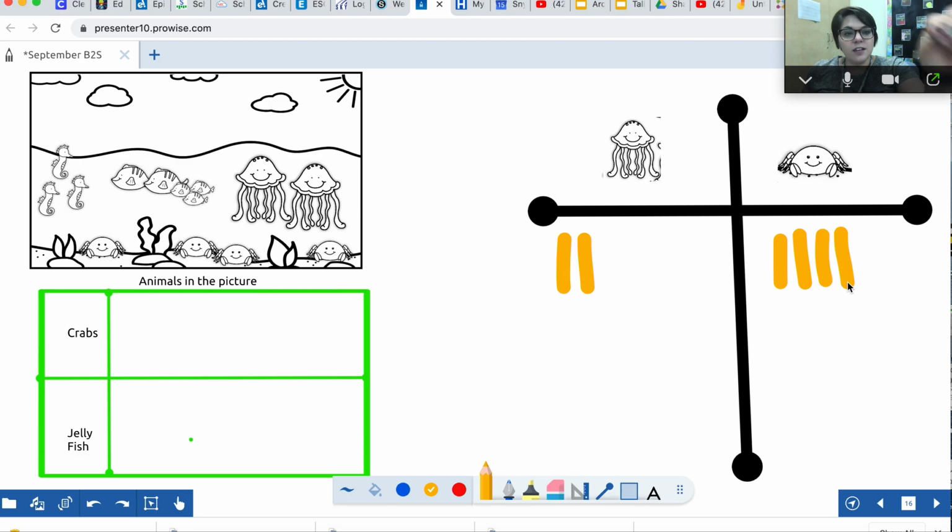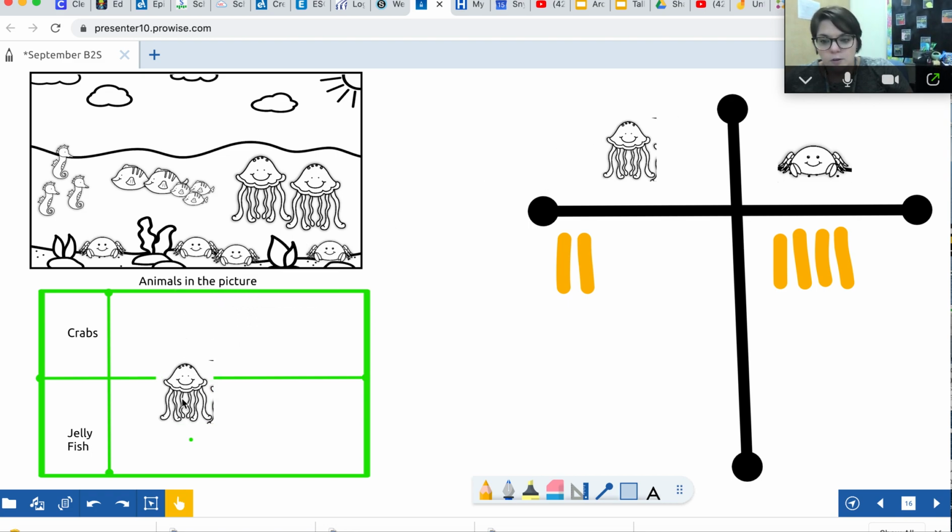Now we're going to take this information and put it into our graph. Are you ready? So I see 2 jellyfish. Now on a picture graph, it literally has the pictures of how many are out there. So we're going to grab it and we're going to put in 1 jellyfish, 2 jellyfish.